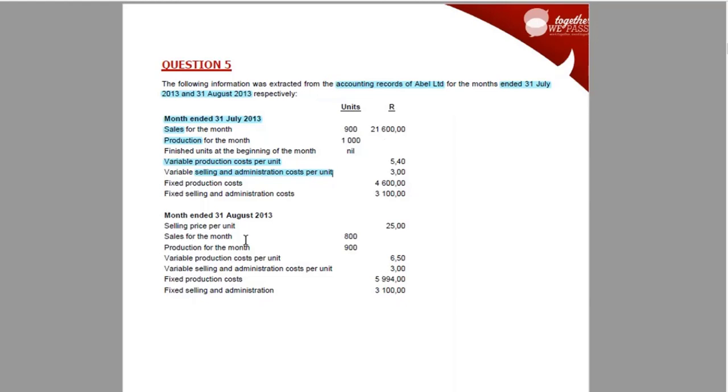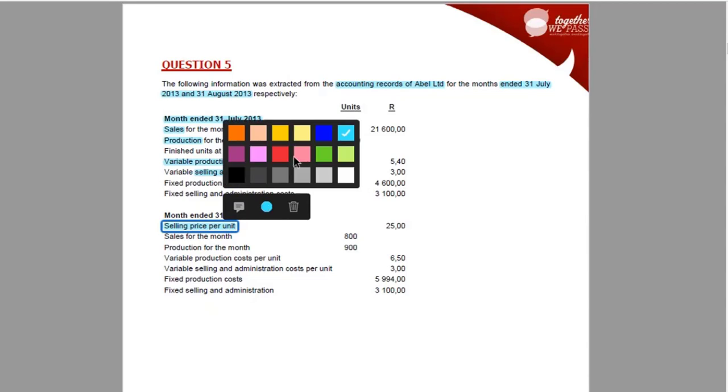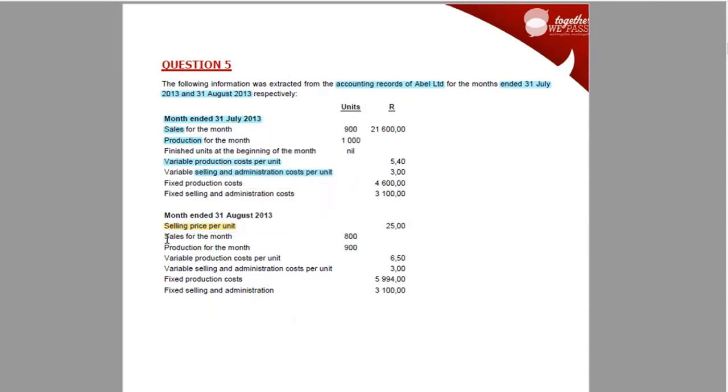Then we go to a new month, which is August. So they tell us the selling price per unit here. They don't give you the total value, but they give you the selling price per unit, and it is 25 Rand. The sales for the month is 800, and the production for the month is 900. So also in this instance there's a closing stock, but you have to calculate it.